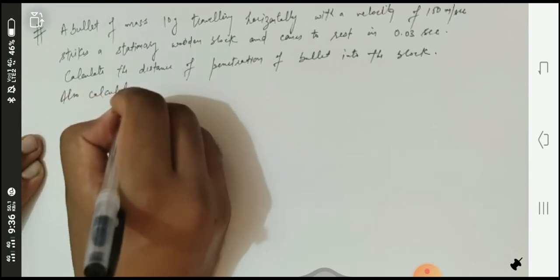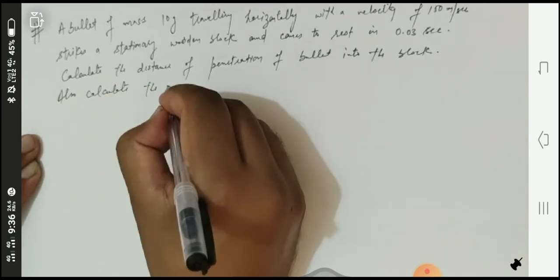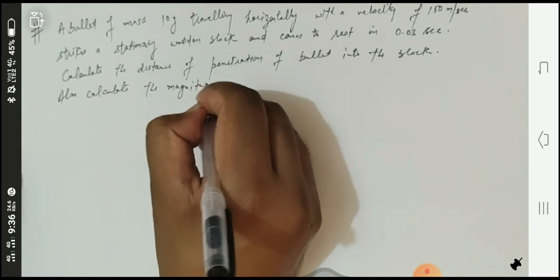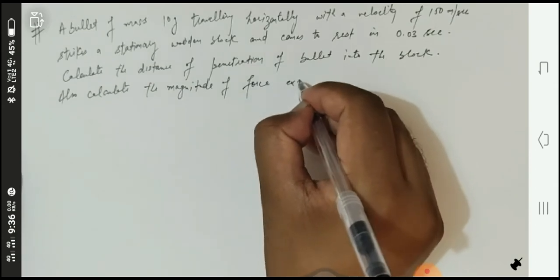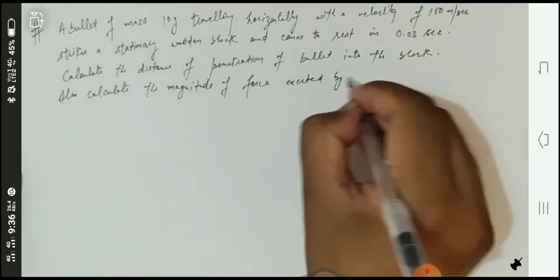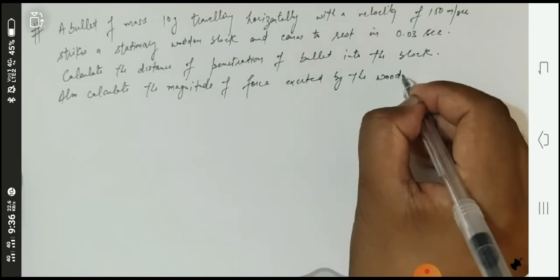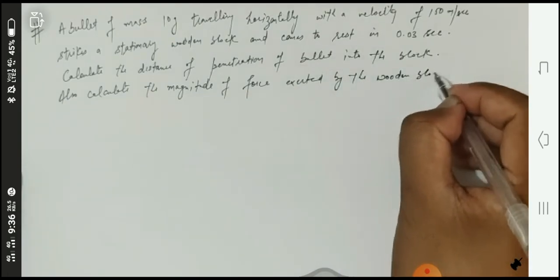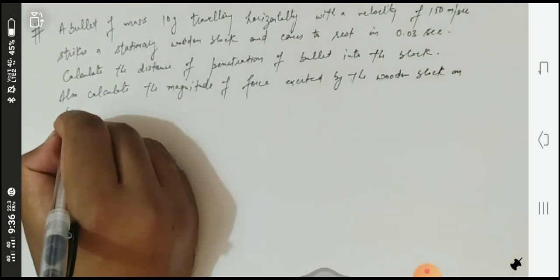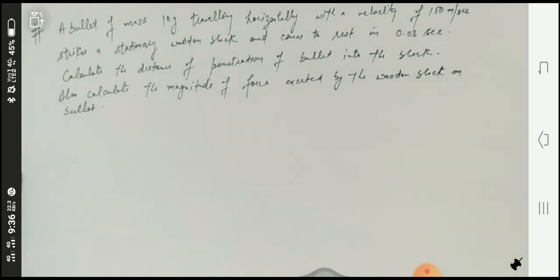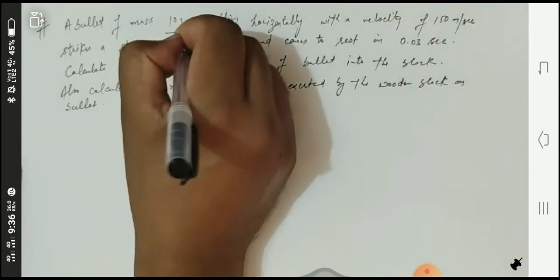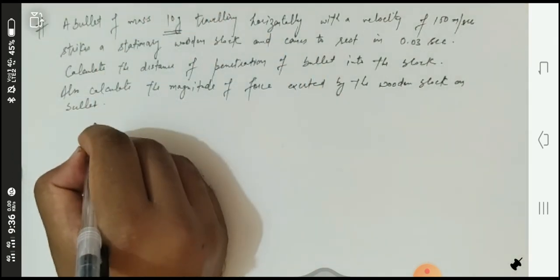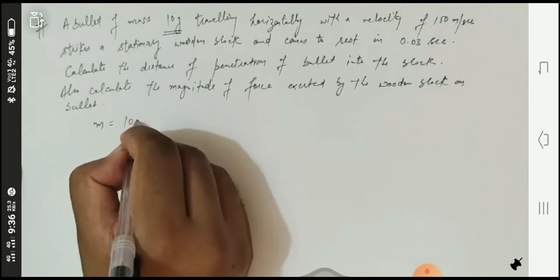Also calculate the magnitude of force exerted by wooden block on bullet, right?